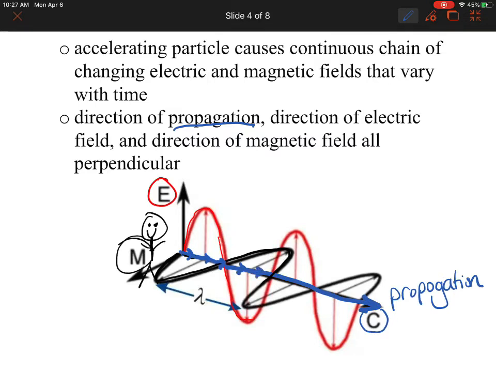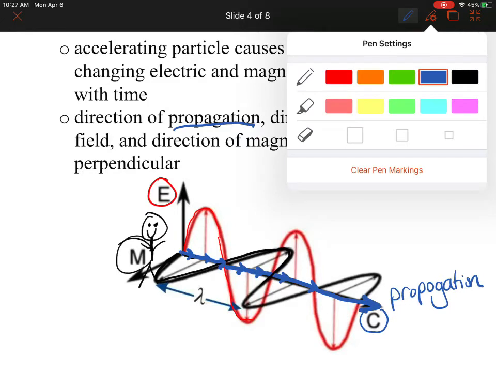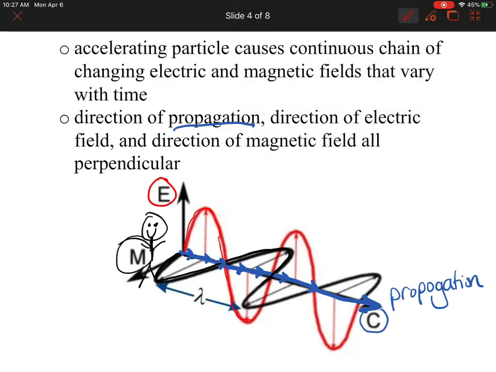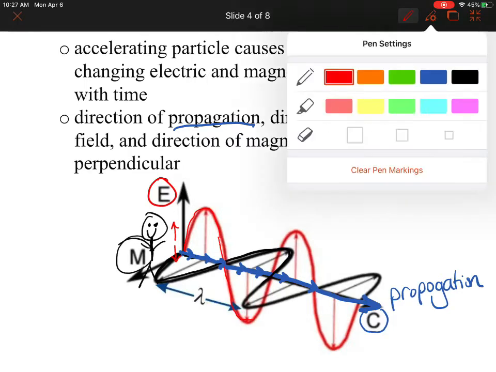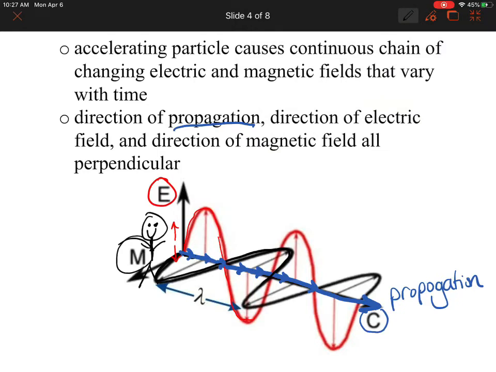Then what's happening with the electric and magnetic field? With relation to you, you could see this electric field going up and down. So the propagation is going away from you, the electric field is going up and down, so that means the magnetic field must be going left and right in relation to what you're seeing.